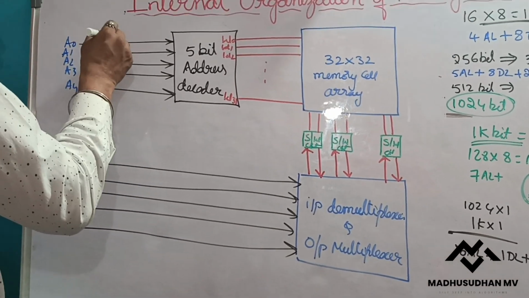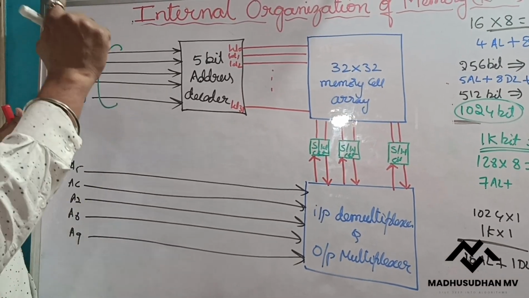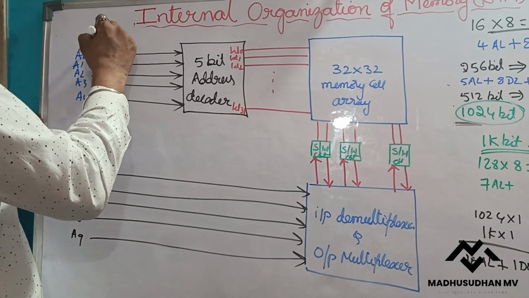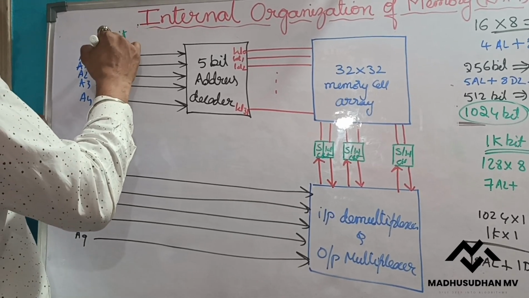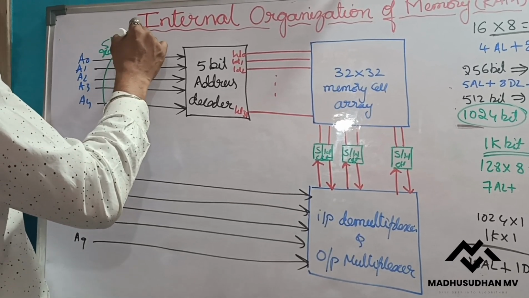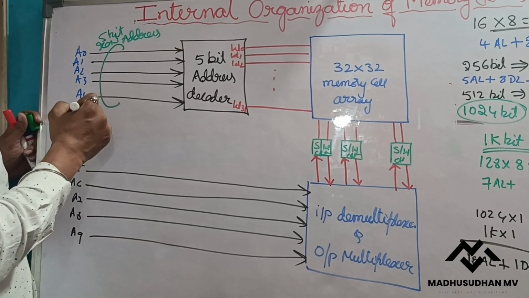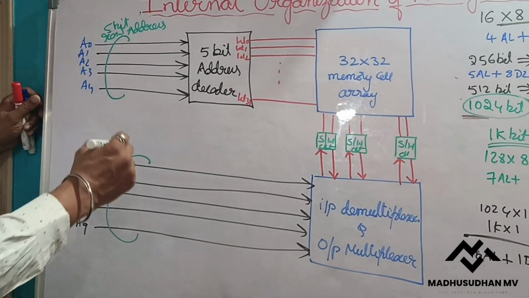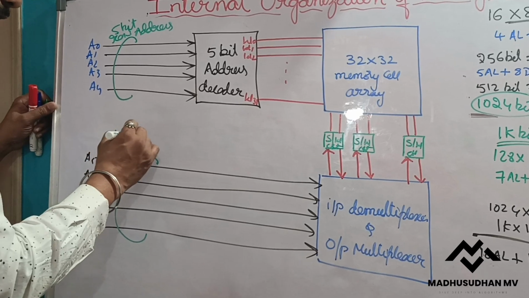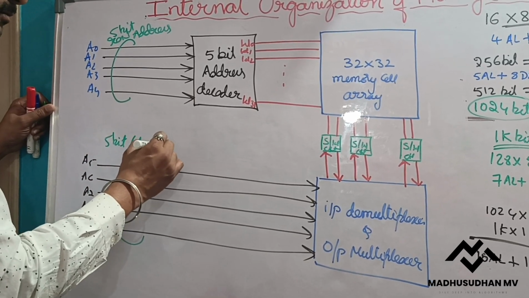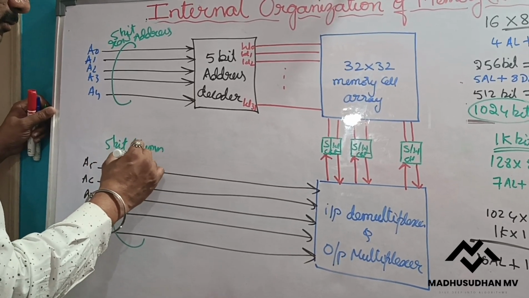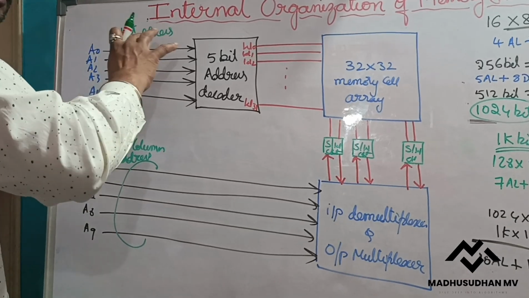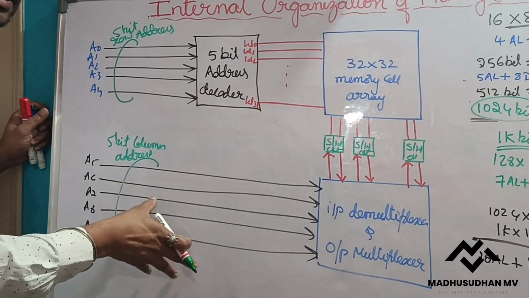These lines I use to select one row, so I will say these are the 5-bit row address. And these lines I use to select one column, so I will say 5-bit column address.